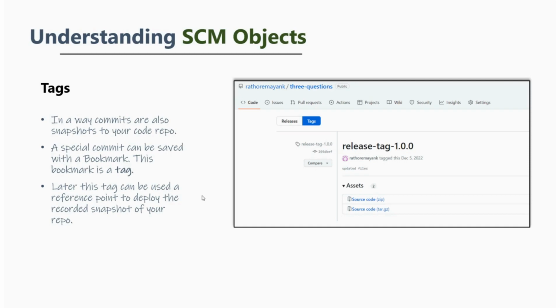Now, when we are creating tags, we generally try to identify the point in time where my code was completely free of errors and it was running fine, and that commit ID I have specified to be identified as a release tag, so that when I want to release my application, I would definitely not go with the latest data which is inside my repository or the branch, but I would give them the tag ID so that they can always get the stable code or the clean code or the error-free code that resides on this particular tag.